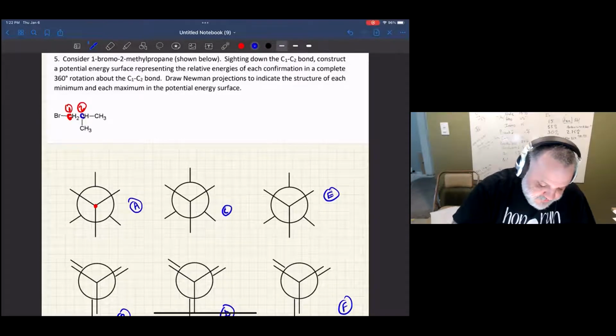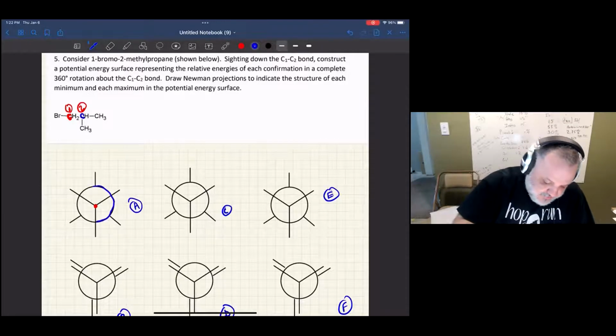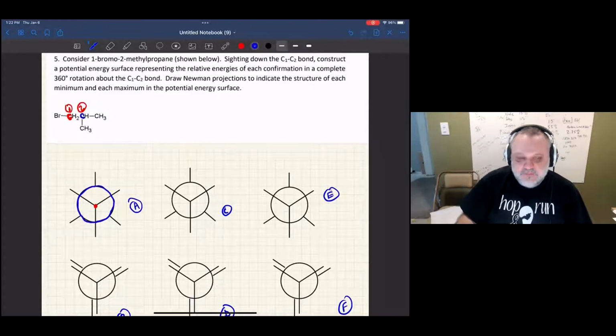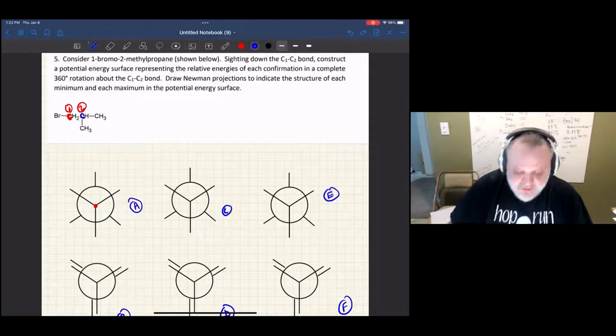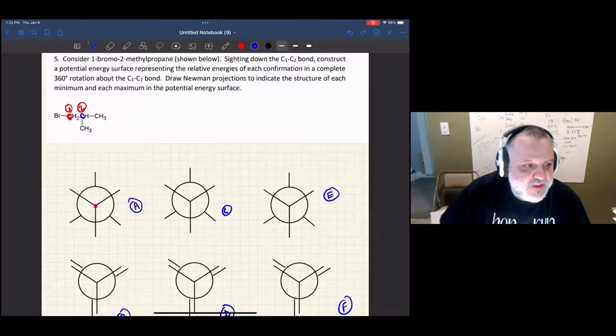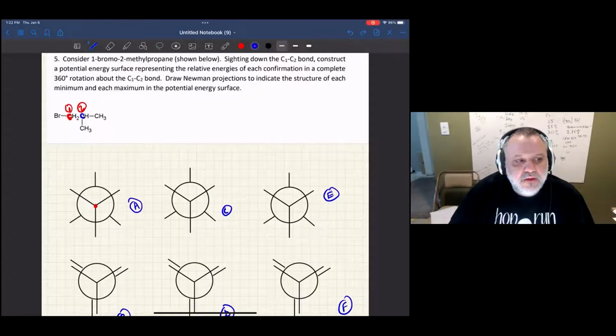And this carbon C2 is represented by the big circle in the back. It's a little bit counterintuitive. Why is the big circle the one in the back? But it just is. So the red dot is carbon number 1 and the big circle is carbon number 2.